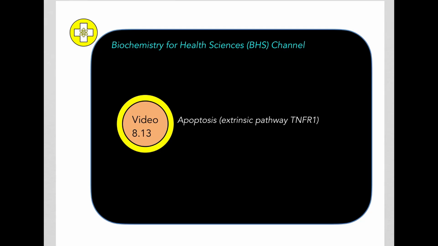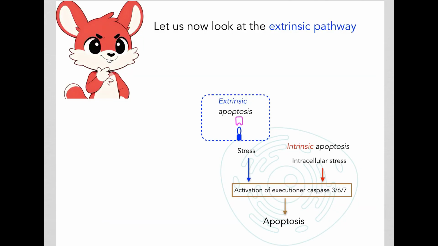In today's video, we shall discuss the extrinsic pathway of apoptosis using TNFR1 as an example. In the last video, we saw how the intrinsic pathway leads to the activation of executioner caspases, and in a future video, we'll see how executioner caspases go on to cause apoptosis or cell death.